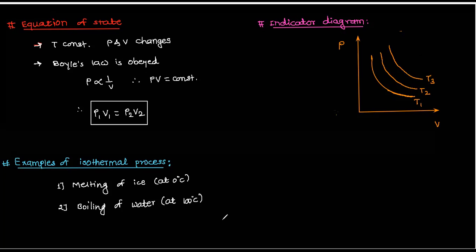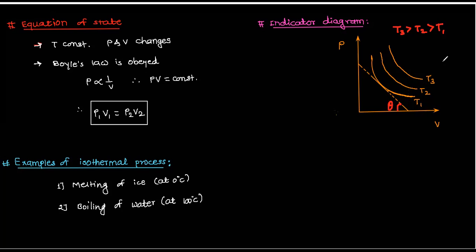If I take the slope of this graph with these dotted lines, these dotted lines are nothing but the slope of the line which I have taken, and let us assume you have this angle as theta. This is theta. And here which one is greater? This side T3 is greater than T2 and then T1.